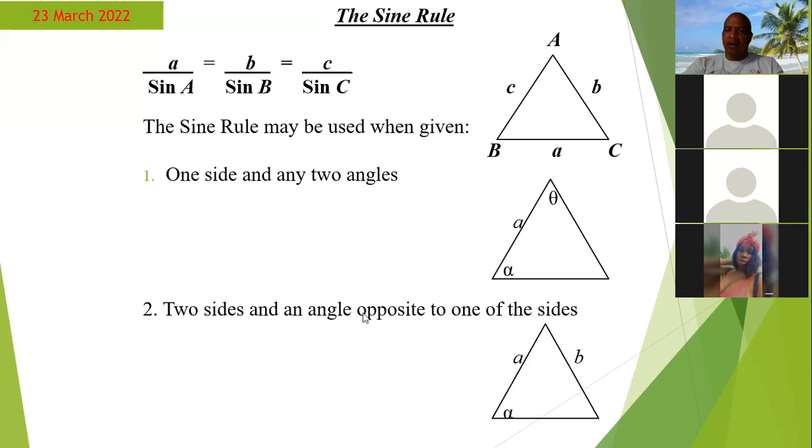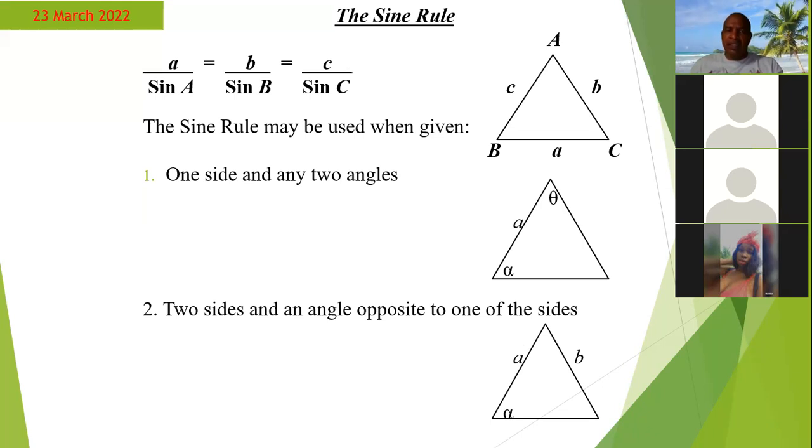But you have one of these sides opposite to alpha. In this case, the side B is opposite to alpha. So this would be the condition under which you use the sine rule. These two conditions only apply when you're using the sine rule.